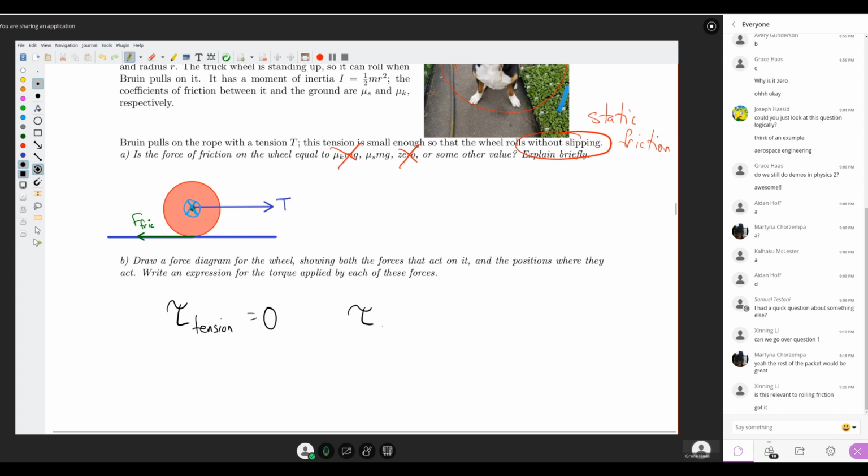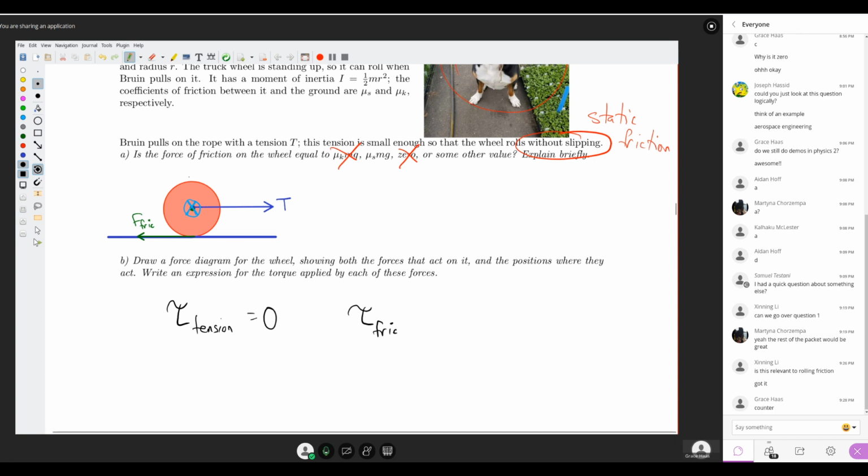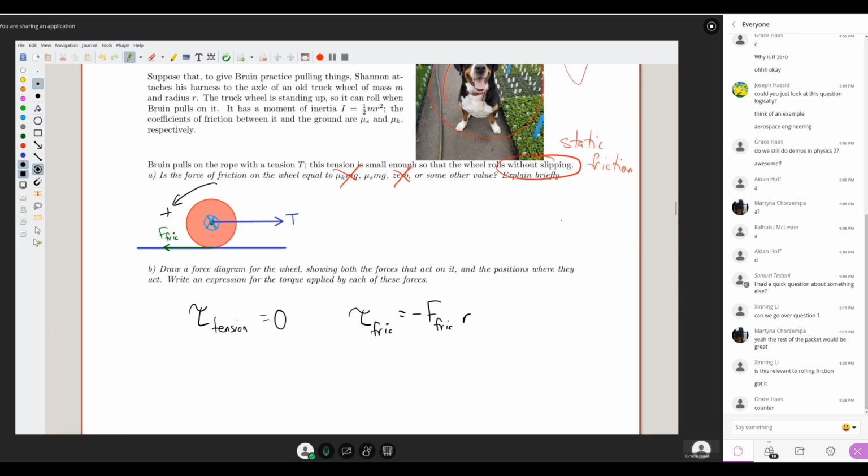And the torque due to friction, do we want clockwise or counterclockwise to be positive? Counterclockwise, okay. That's the convention. So the force of friction makes it go clockwise, right? So this would be minus F fric times the radius of the wheel.